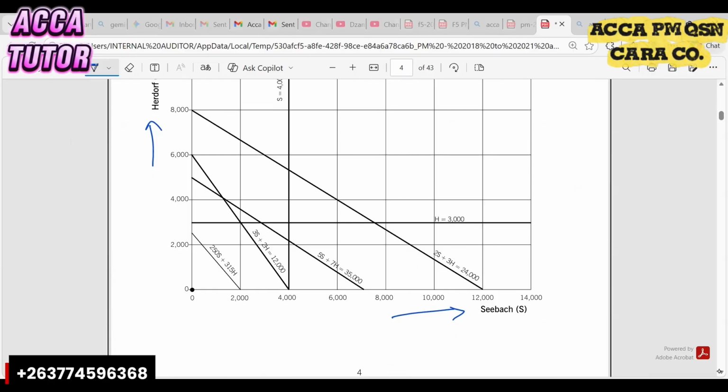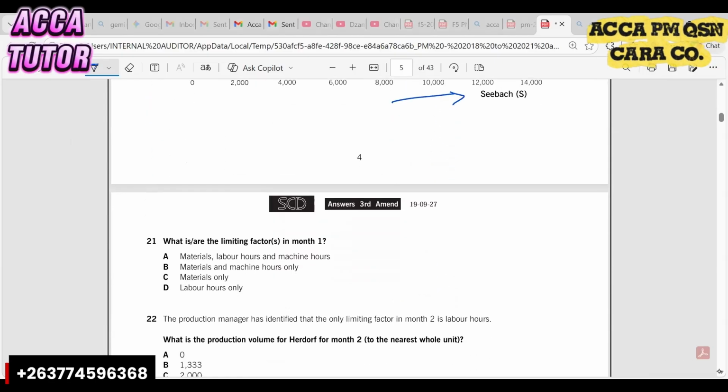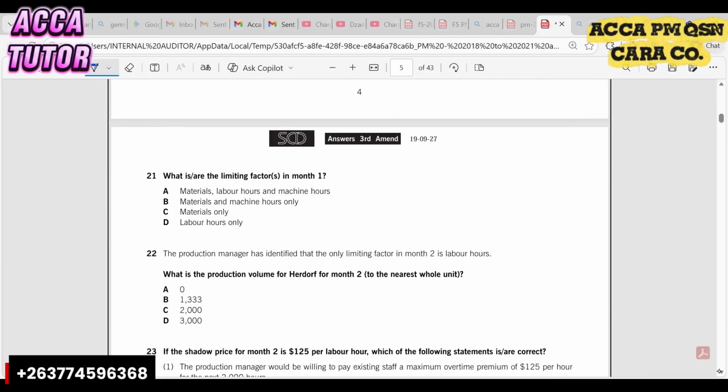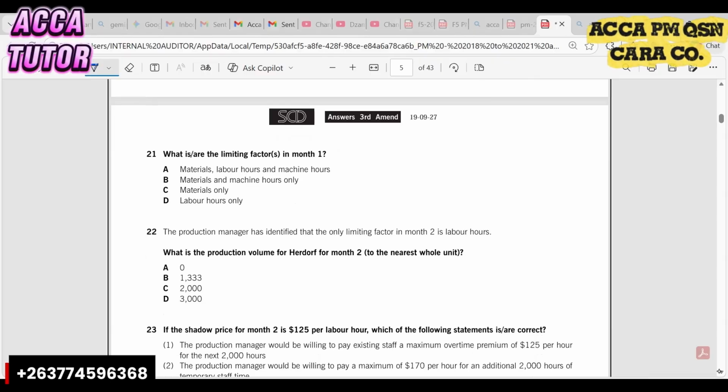Now, what the examiner does in these papers is that he is always organized. The questions are usually arranged in the manner in which the information is presented in the scenario. They first talk about month 1 and month 2, then lastly month 3. That's when you see that graph is for month 3.